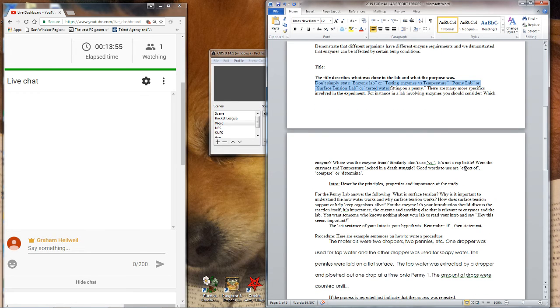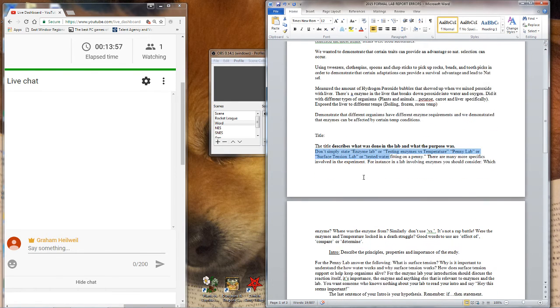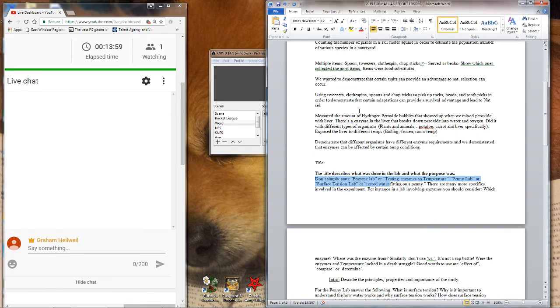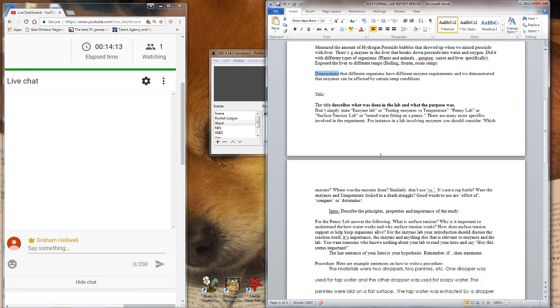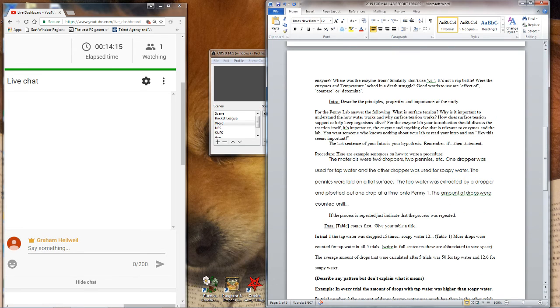Good words: effective, compare, measure, determine. Let's see, demonstrate here, right? Measured is a good word, definitely. You see, I use measured and demonstrate both times, right? So those could all be good words to use to help string your ideas together.